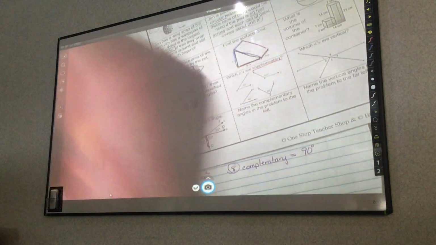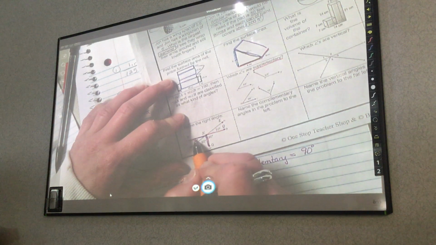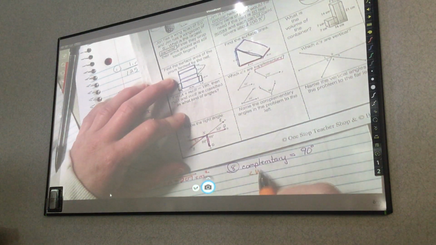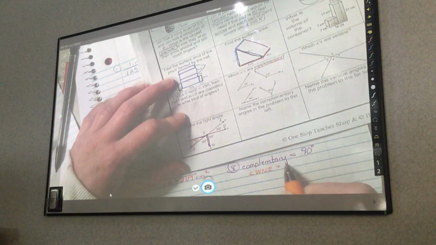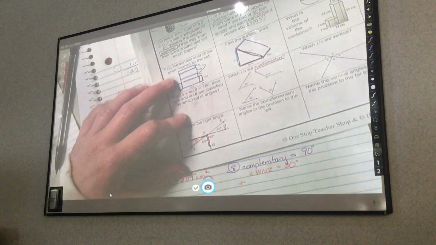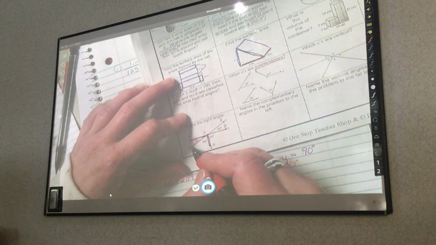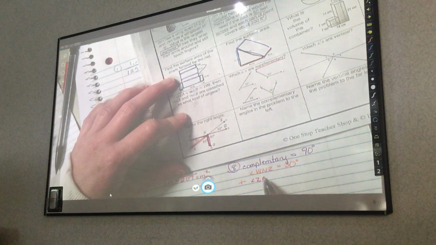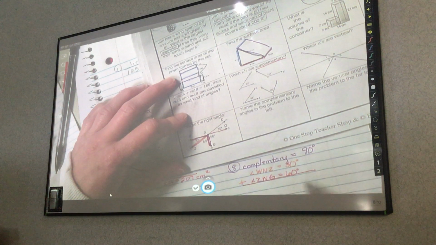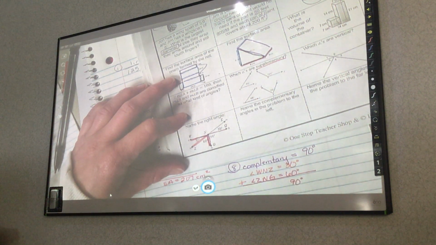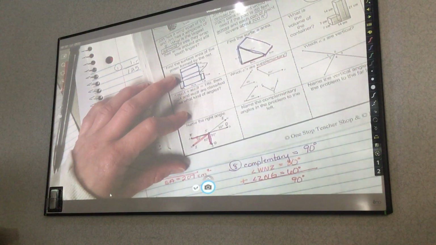So I would need this one, WNZ, which equals 30 degrees, plus angle ZNG, which equals 60 degrees. Those both add up to 90 degrees. Go ahead and take a picture.